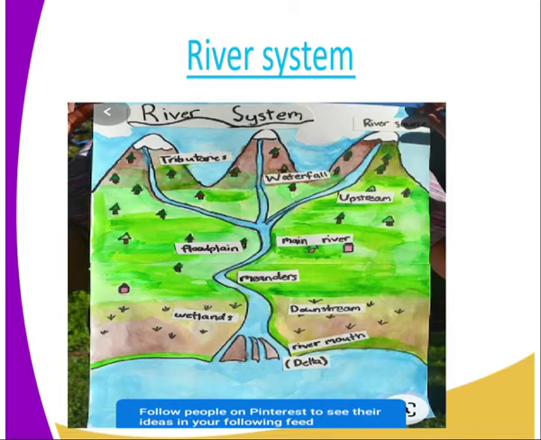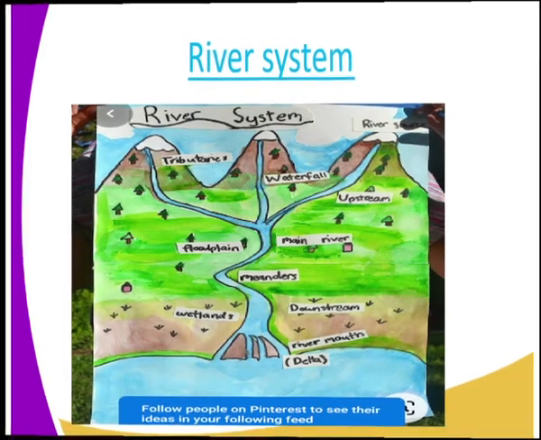From the source, as it comes, we have the tributaries joining the main river. Then as it goes, you get the distributaries to the mouth there. You can even see the river mouth where it is.